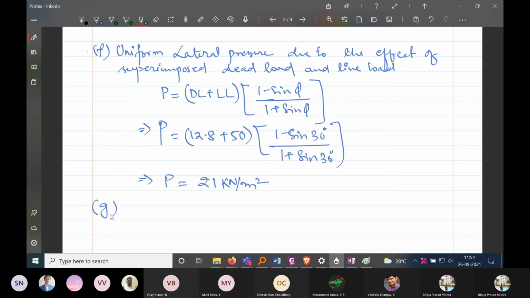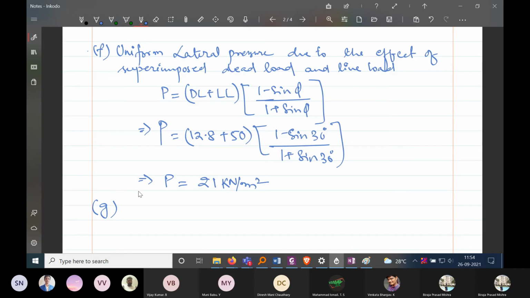Now another thing will be there. That is the uniform lateral pressure due to the superimposed dead load only. Okay, only dead load.